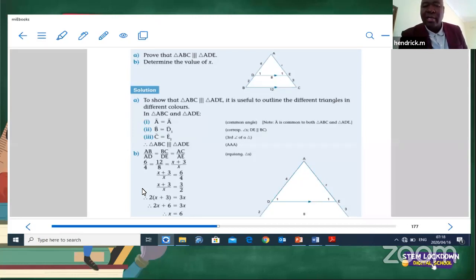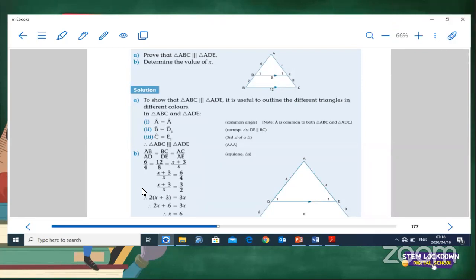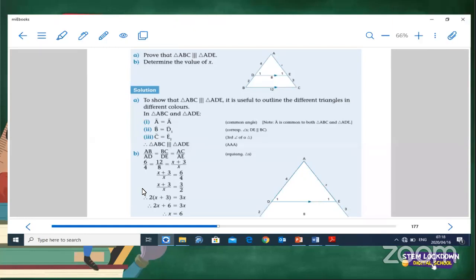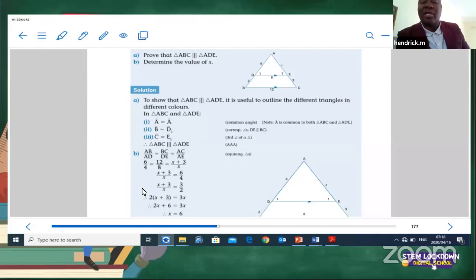Once you do that, you can equate it to the next side of the first triangle, divided by its corresponding side of the second triangle. And of course, you do the same with the third side. That is what we call proportion.